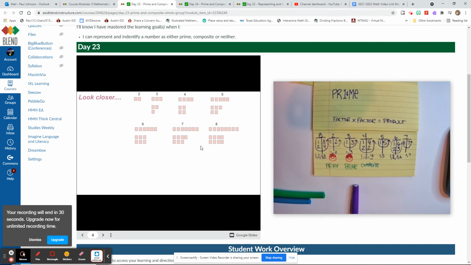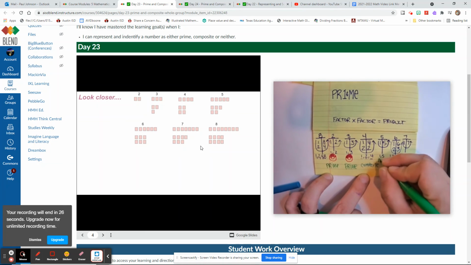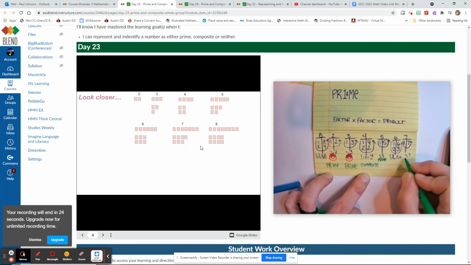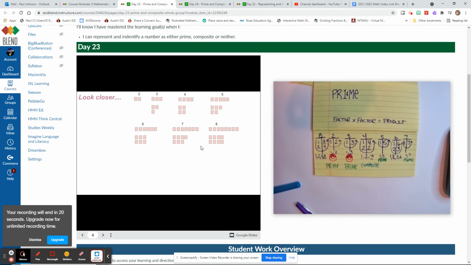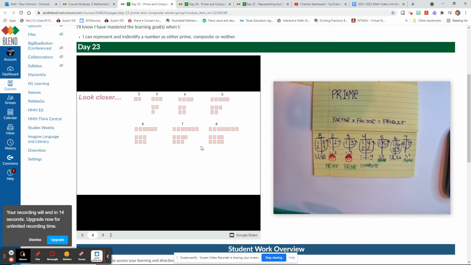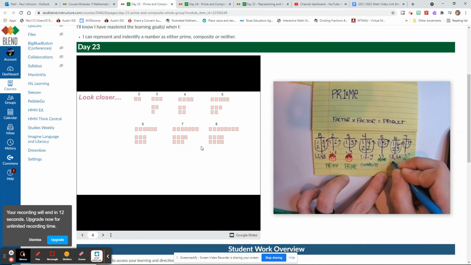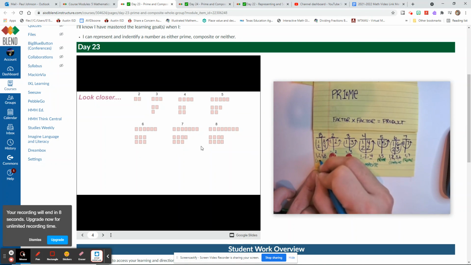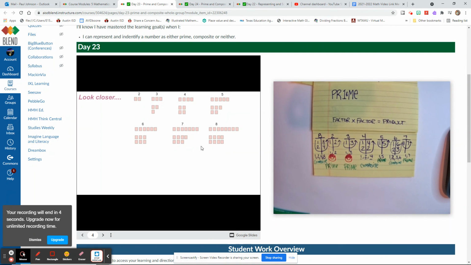So 5 is prime because it only has two factors. 7 is also prime because it only has two factors. However, 6 and 8 have more than two factors, so those are composite. More than two factors is composite. So we have 3 composite and 4 prime numbers.